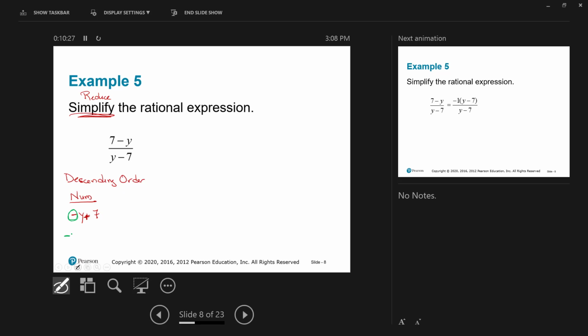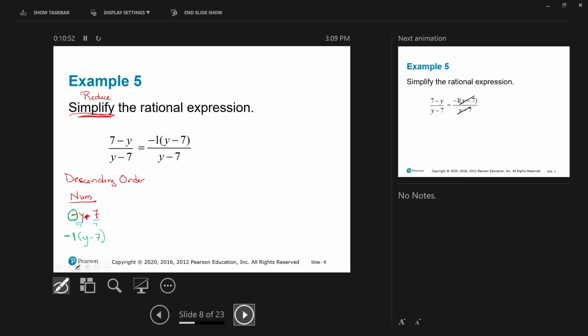And in this case, all I get to factor out is a negative 1. And remember, when you do that, that's the same as basically taking both of these and dividing by negative 1. And when you do that, you are going to be left with a positive y and a negative 7. So your numerator looks like this.